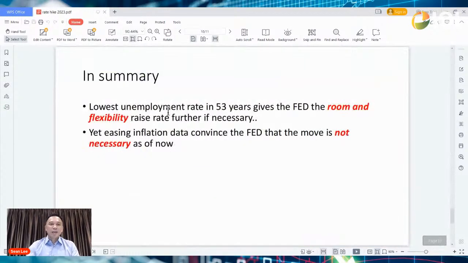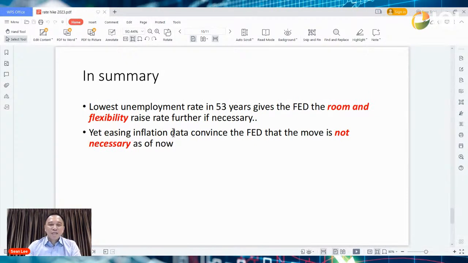Okay. So in summary, the lowest unemployment rate in 53 years gives the Fed, the Federal Reserve, the room and flexibility to raise their interest rate further if necessary. Just like if I give you the medicine, I don't see the side effects. That means that I feel confident to give you the medicine.